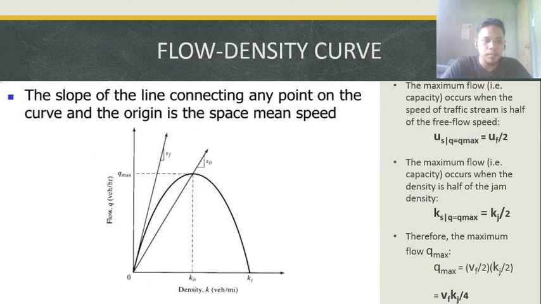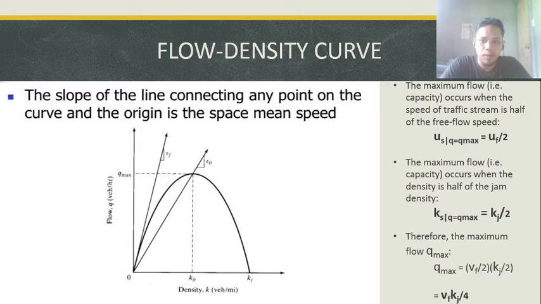Next is the slope. We're going to be talking about the slope of the flow density relation curve. The slope of the line connecting any point on the curve and the origin is the space mean speed. The maximum flow, or the capacity, occurs when the speed of the traffic stream is half of the free flow speed.